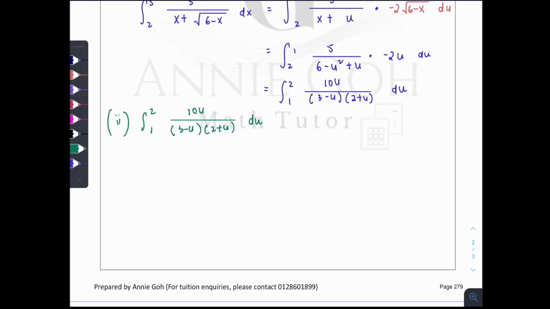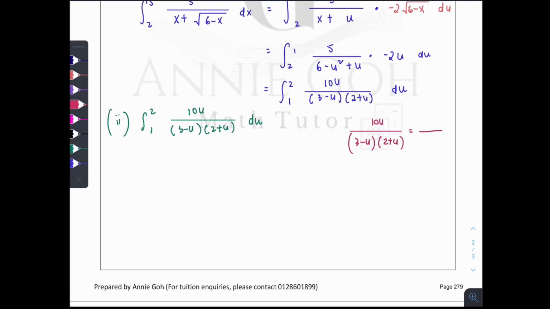This is an algebraic fraction where the bottom part can be factorized. Whenever you are integrating a fraction where the bottom part can be factorized, the first thing we need to do is partial fraction. So let's do partial fraction at the side here. 10u over (3 minus u)(2 plus u).